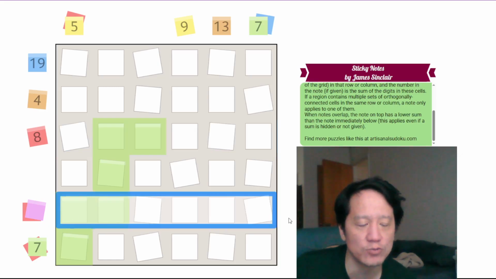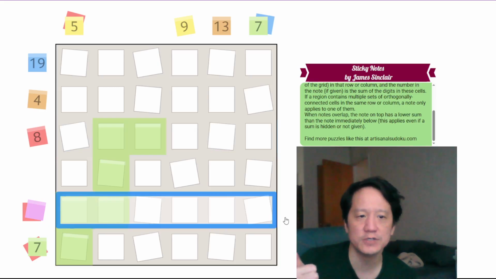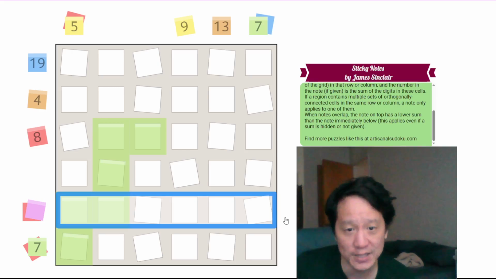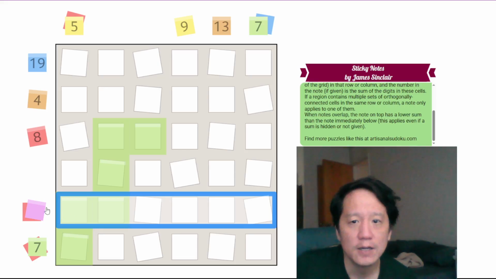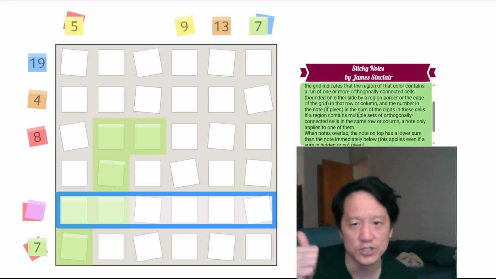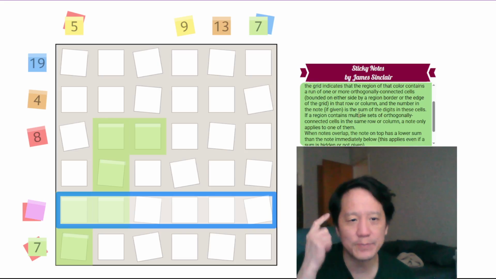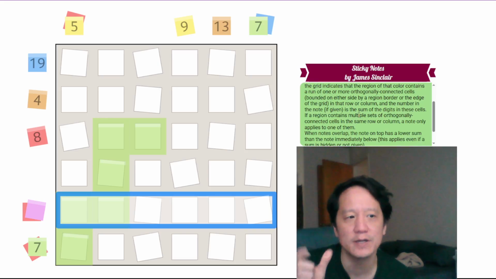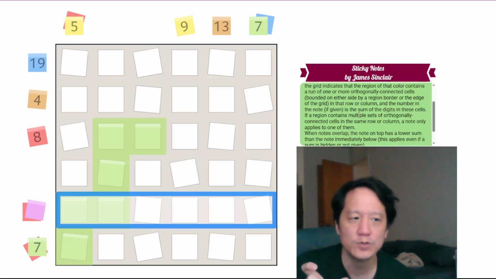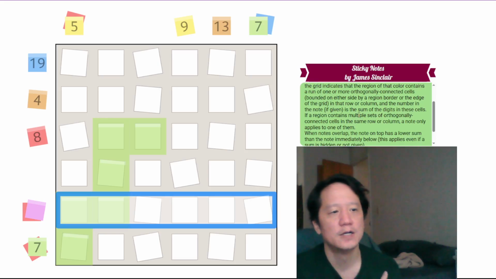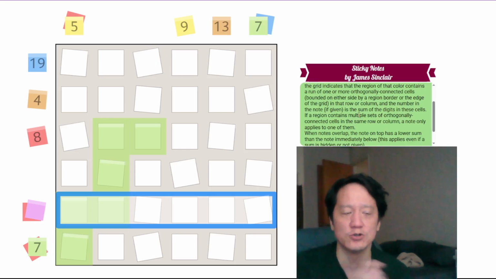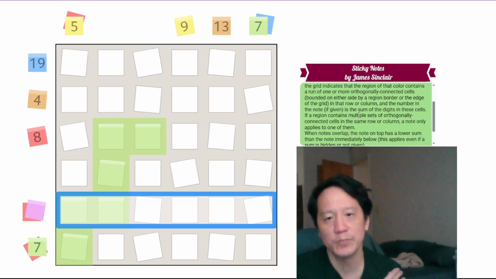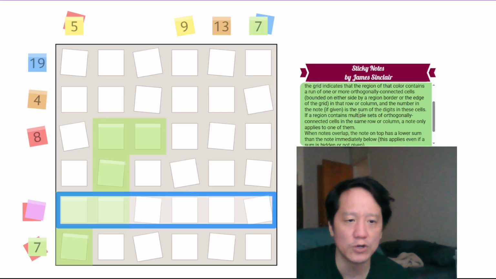This is saying there's a run of pink cells and red cells in this row, guaranteed, and the digits in the pink region must sum to a lesser sum than the red one, or at least one of the pink runs must sum up to a lesser sum than one of the red runs in this row.